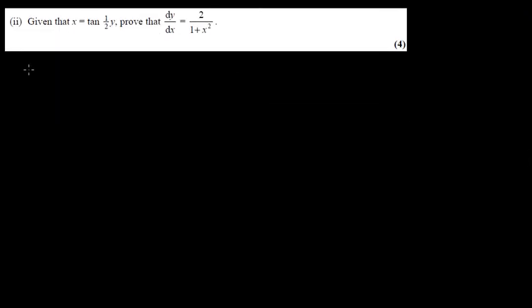So the next one is another derivative of another trigonometric function, but this one is implicit. Remember what implicit is. This derivative is usually found in C4, although it's in the C3 syllabus.